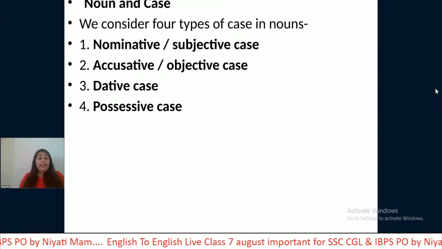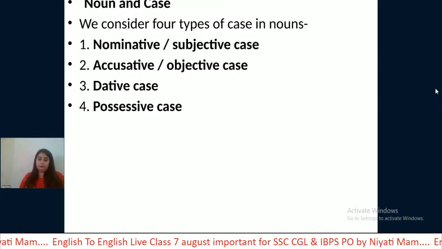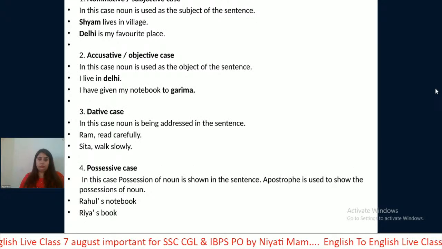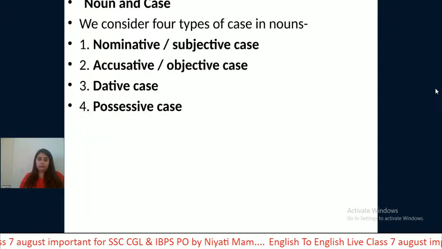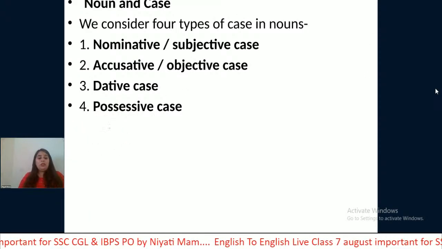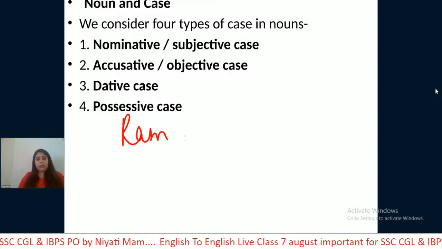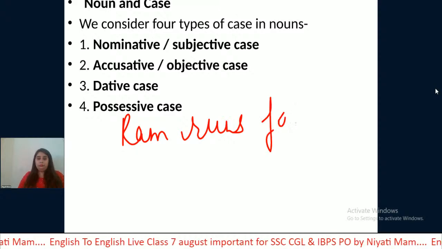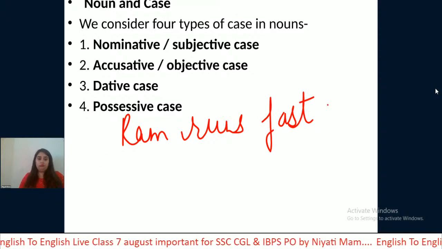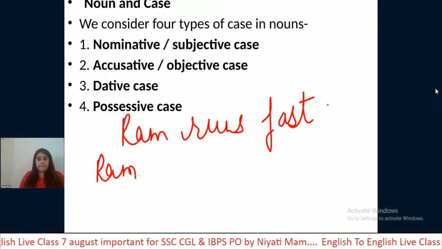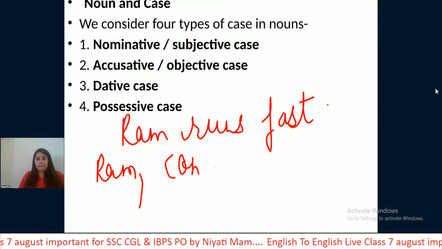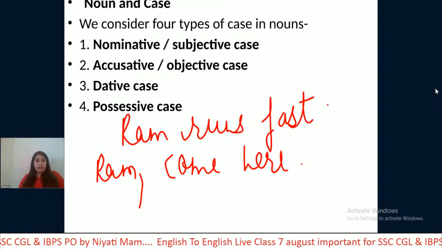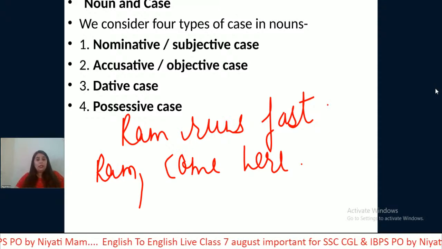Now, dative case. I'm writing two sentences. Ram runs fast. Ram, come here.